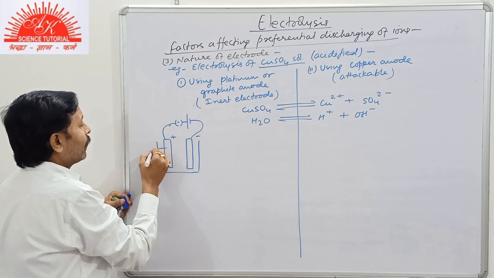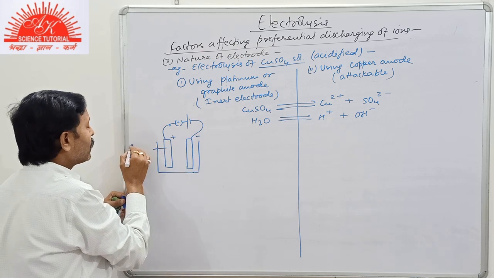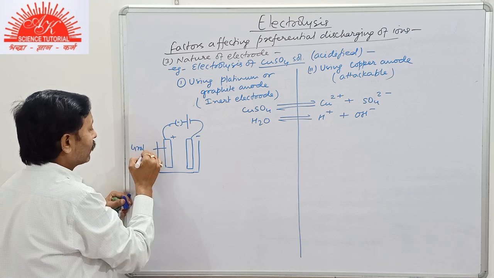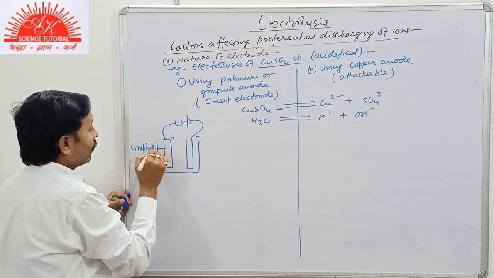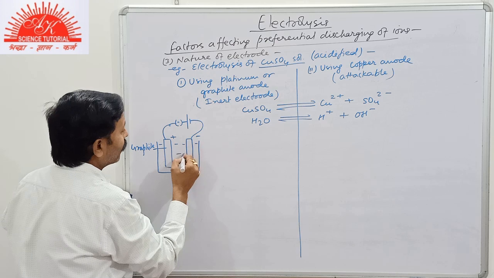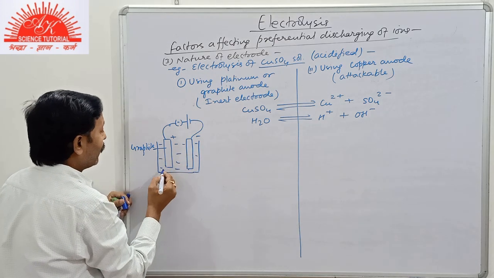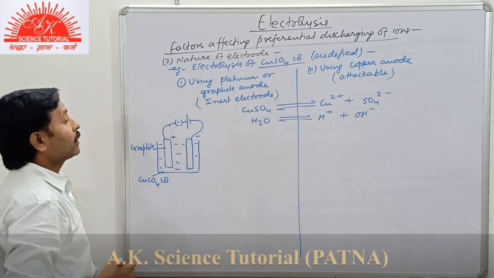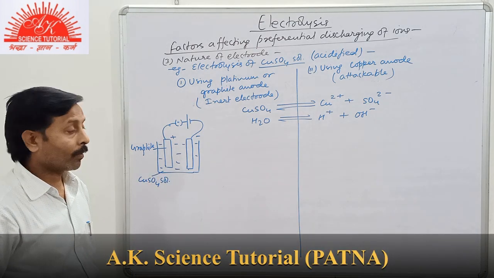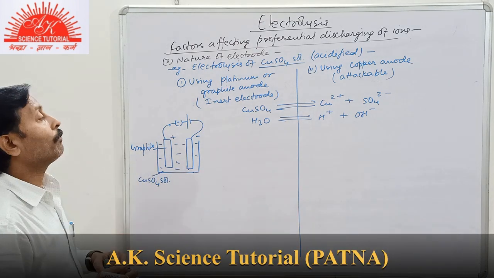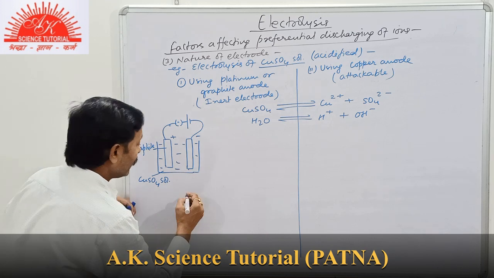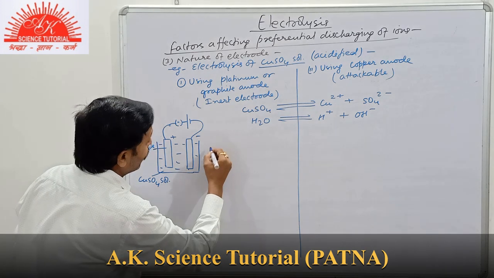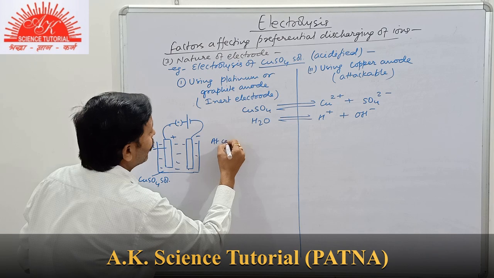Now here the anode is suppose made up of graphite, and CuSO4 solution is the electrolyte. Now we write one by one. Here you see, that is at cathode.